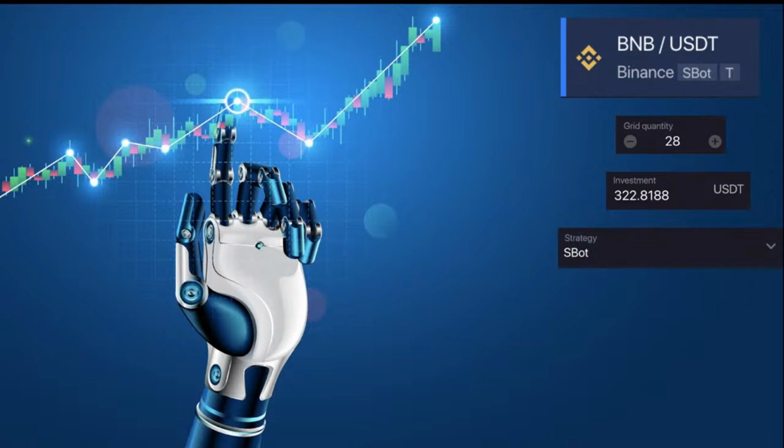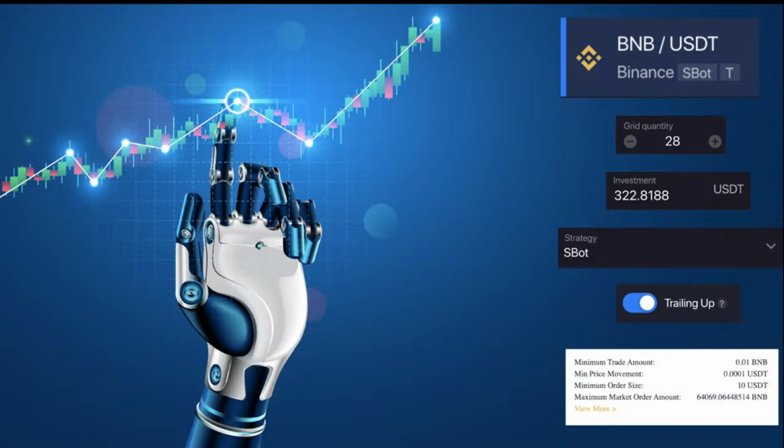And I used the SBOT strategy, and I had the trading up function on. So that basically means that my trading range was following the upside momentum, and I will show you this in 3 minutes.